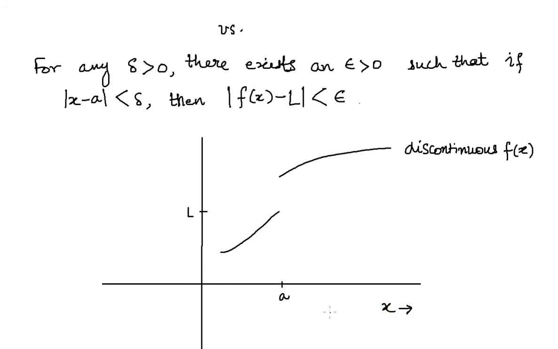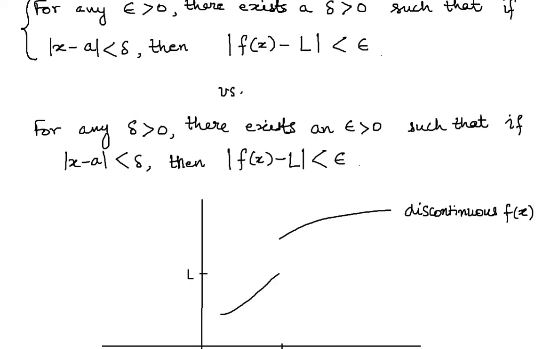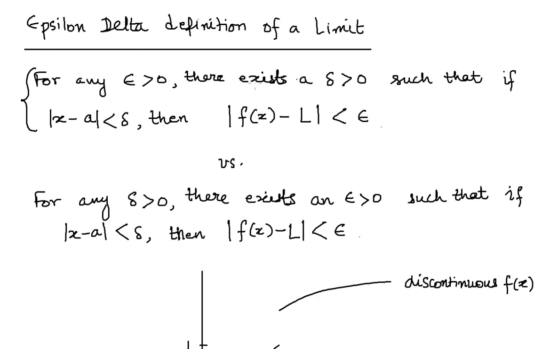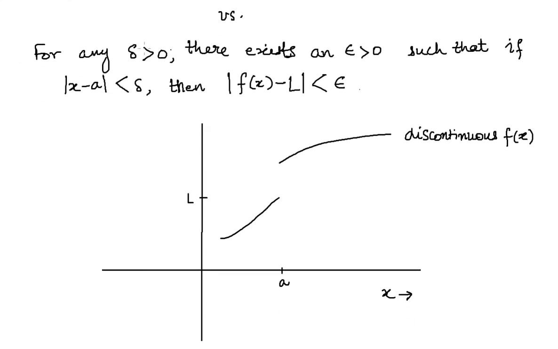As x goes like this is the function f of x. Okay, it's discontinuous at a. Now clearly it should not have a limit at a. So let us look at the alternate definition, right. This is the actual definition, this one. The alternate definition is here.